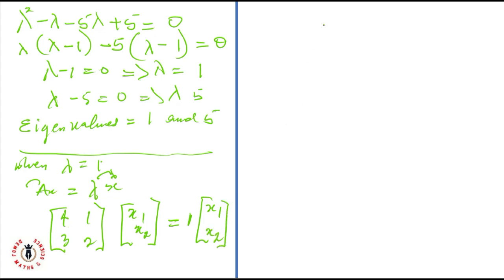Now, an easy way to interpret this is to change this matrix into a set of linear equations, so that I'll have 4x1 plus x2 equal to x1. Then I'll have 3x1 again plus 2x2 equal to x2.